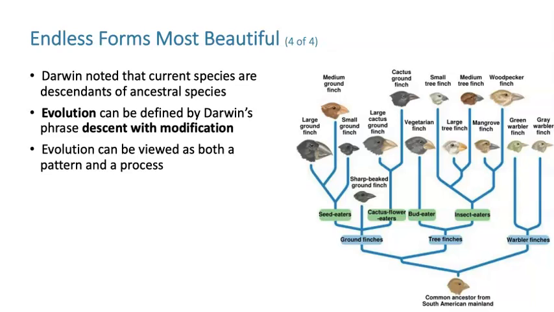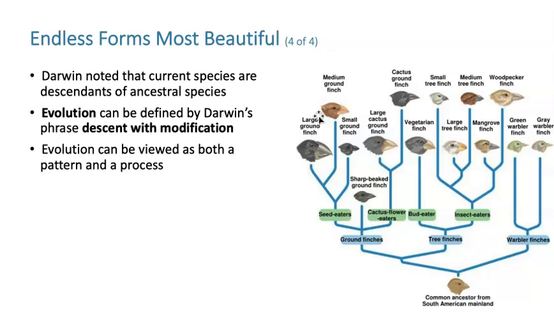But all of these ideas stem from Darwin's original ideas, which is that current species are descendants of ancestral species, and that basically a good way to summarize evolution is to say that there's descent with modification.